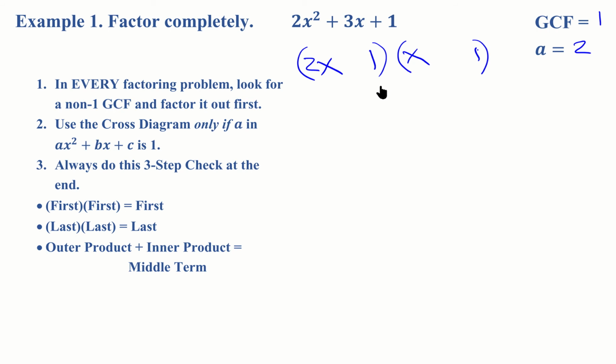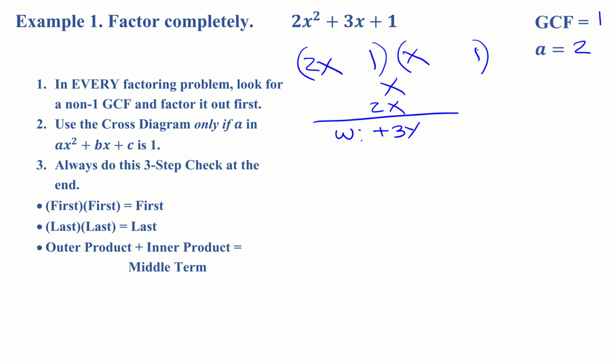Now we take care of the all-important middle term. So we want this inner product, which is x, and the outer product, which is 2x, to add up. We want their sum to be the middle term, which is positive 3x.